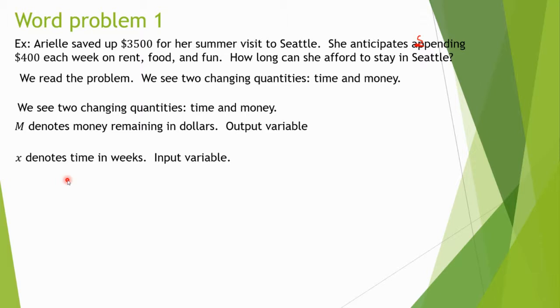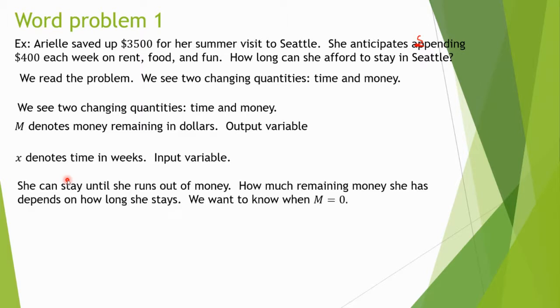And how long does that take for it to happen? You know, we read the problem, right? We're looking for important information. That's what we're kind of doing. You know, she's spending a certain amount, $400 a week, and she has this amount, $3,500. Okay. So we read the problem.